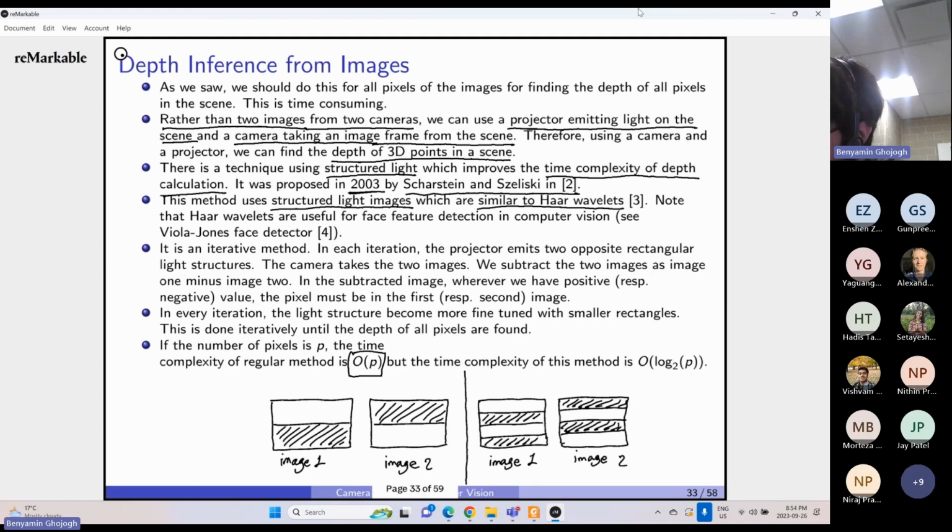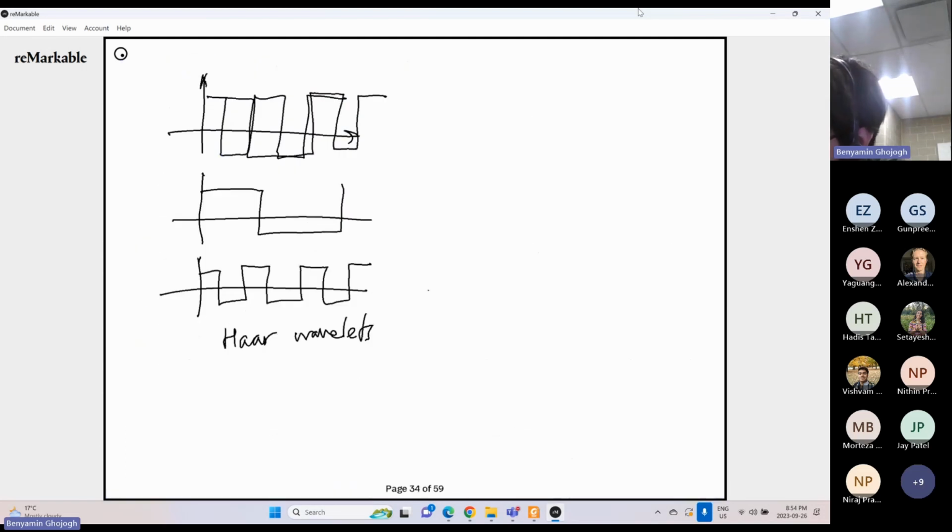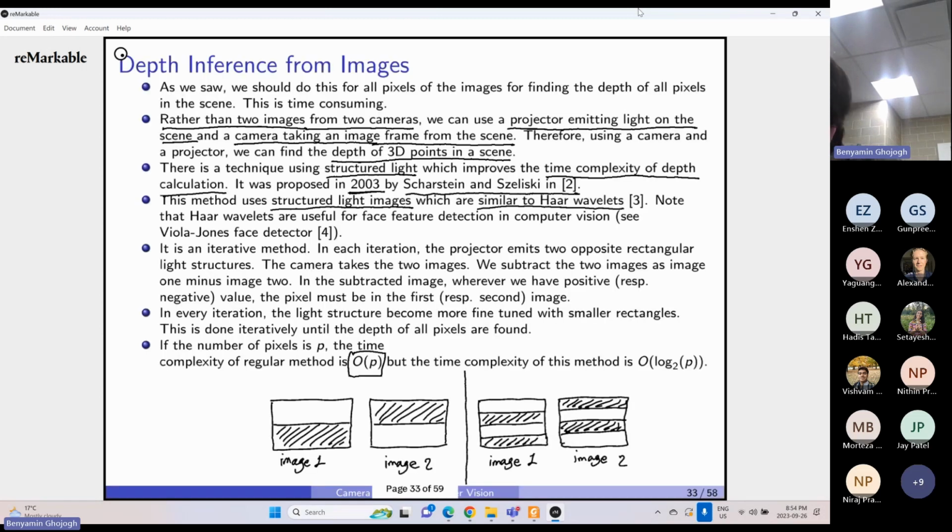Why is that? Because regular wavelets are like sine and cosine, but Haar wavelets are like this, and they are suitable for digital images, right? They have also been used for face detection, face feature detection in computer vision. For example, see the Viola-Jones face detector. It uses Haar wavelets. So what does it do?